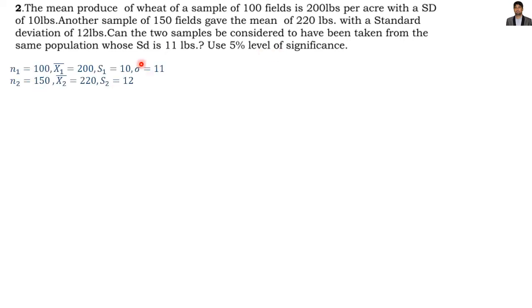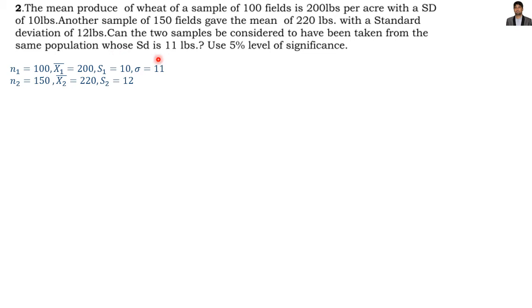So first collect all the information from the question. N1 is 100, N2 is 150, X bar 1 is 200, X bar 2 is 220, S1 is 10, S2 is 12, and the standard deviation of the population is 11.